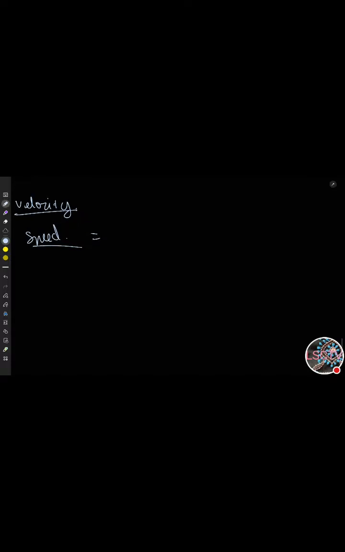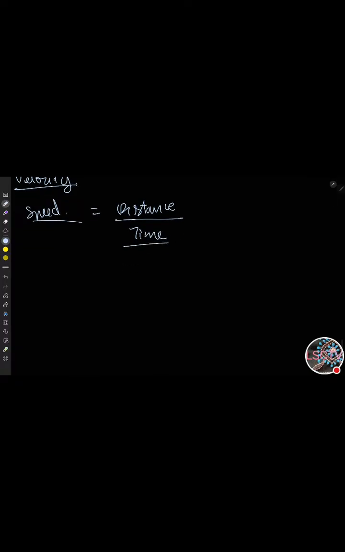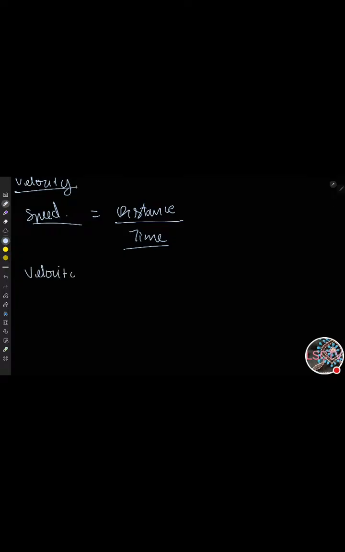Speed is equal to distance by time, right? Everybody knows this. Similarly, velocity is speed with direction. It is speed, but it has direction with it.